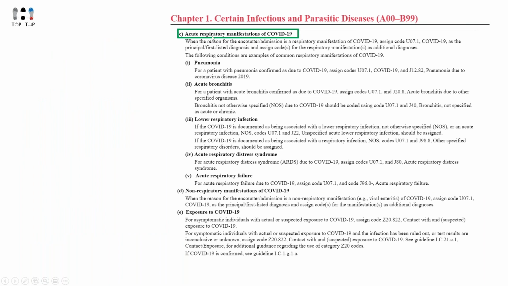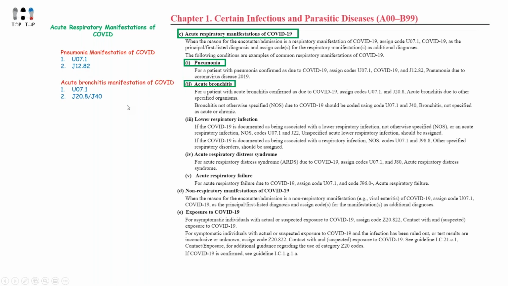When you have acute respiratory manifestations of COVID, you can have situations like pneumonia in the setting of COVID. You're going to sequence first U07.1, your COVID, followed by J12.82, your pneumonia.